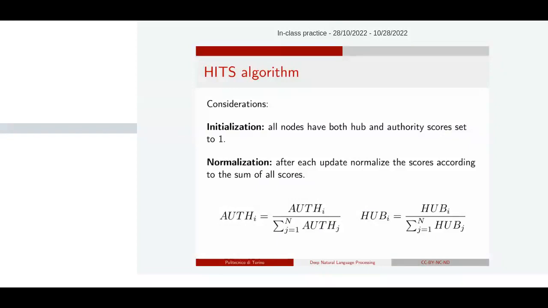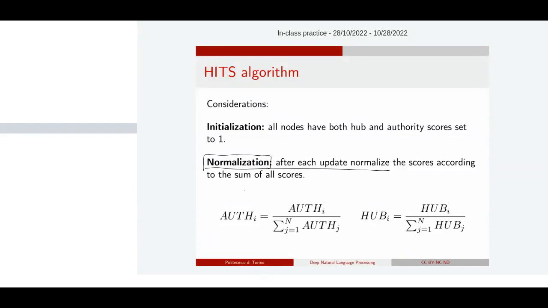For the initialization, all the nodes, both for hubs and authorities, have their scores initialized to 1, for all the nodes in the base set. We have an additional normalization step. After each update, we normalize the scores.